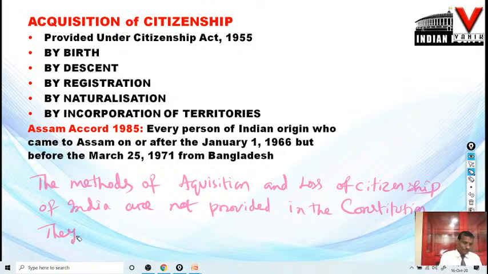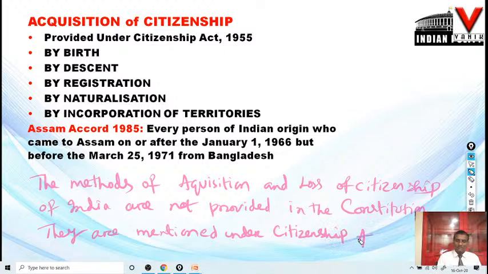They are mentioned under the Citizenship Act 1955.